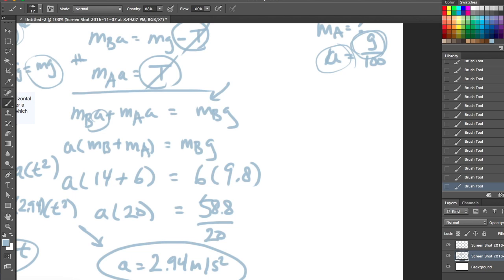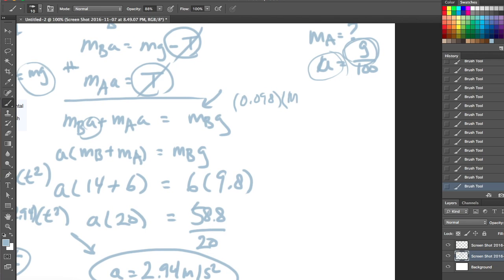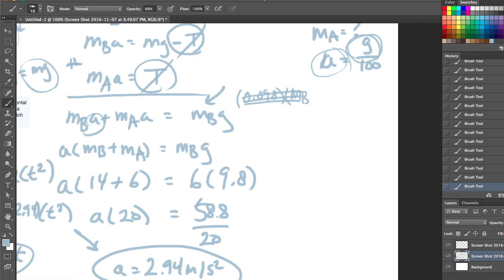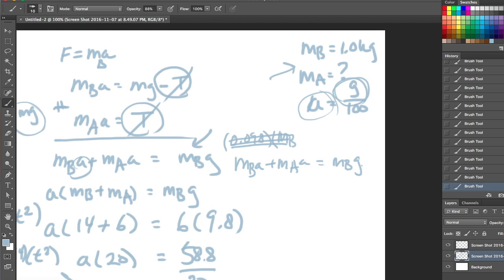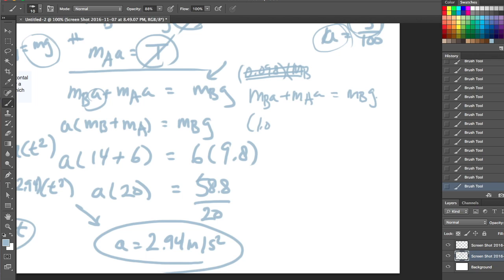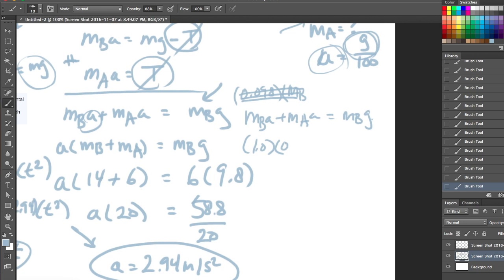So it's MB A plus MA A equals MB G. MB is equal to 1.0 kilograms, times the acceleration 0.098, plus MA times 0.098 equals 1.0 times 9.8.